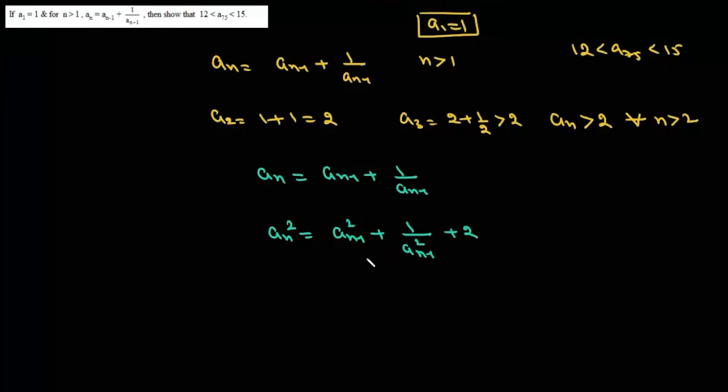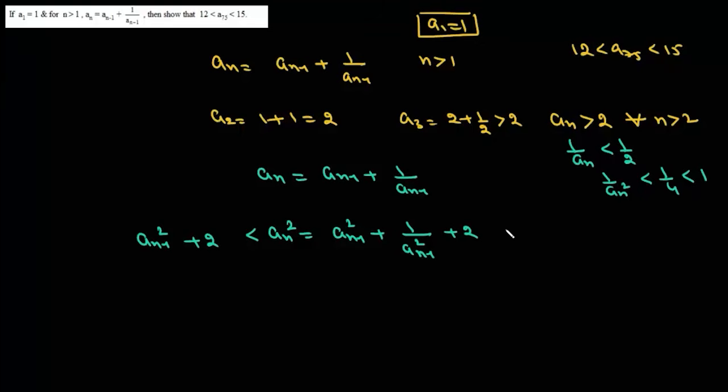Now we know that this is always greater than an minus 1 square plus 2, because we are leaving out this positive term 1 upon an minus 1 square. And we know that any an is greater than 2, so 1 upon an will be less than 1 by 2, or 1 upon an square will be less than 1 by 4. That means it will always be less than 1.